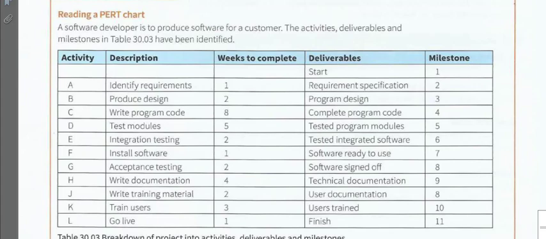They are going to give their feedback to you, tell you whether it's working fine, up to their expectations or not. That is acceptance testing. Meanwhile, activity J is related to writing training material for training the people working at your client's office. These two can take place in parallel, and both of them require 2 weeks.